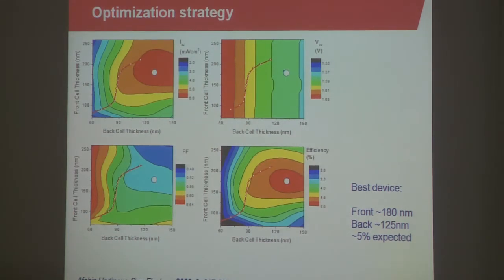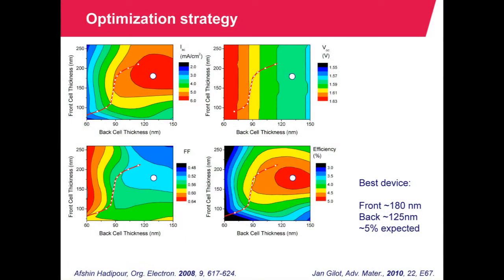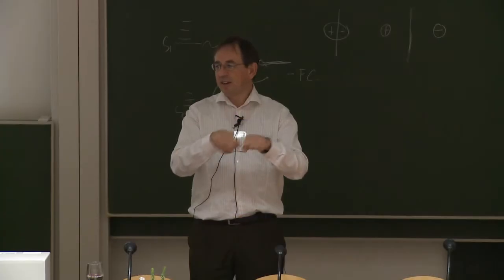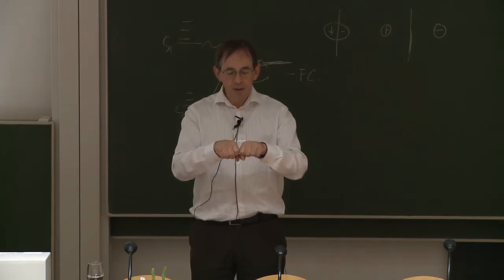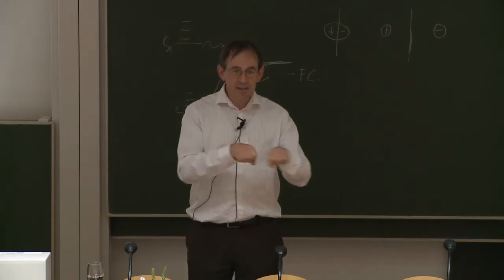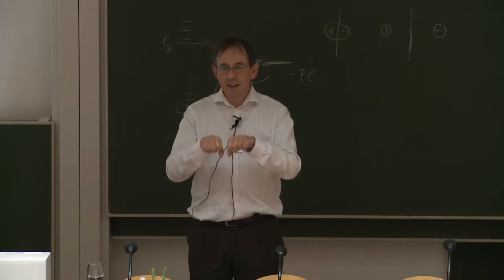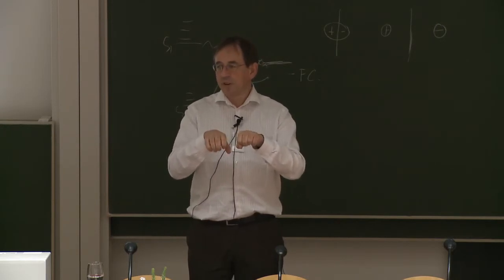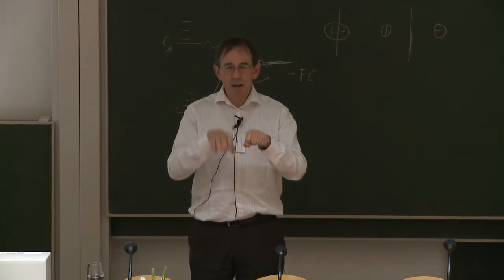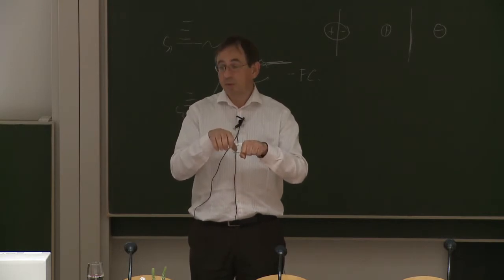What you need to do is then, in a tandem cell, it's like with two batteries in any device, in a flash lamp or whatever. If one battery is going bad, or both batteries are going bad at some point, it's not enough and you have one spare battery to put in. It doesn't work. Because the second old battery cannot sustain the same current anymore. That doesn't help you. So you need to replace both batteries to get the same current. And in a tandem cell, much like that, if one cell would generate much more current than the other cell, then the balance is gone and the cell will not operate correctly.